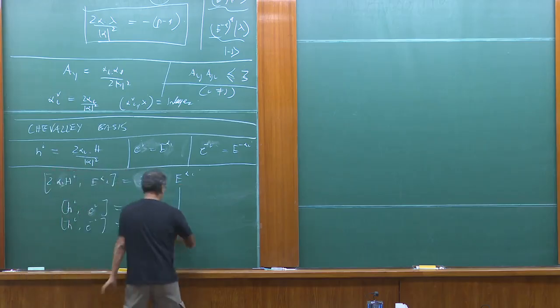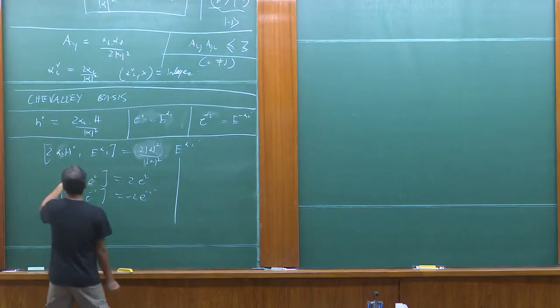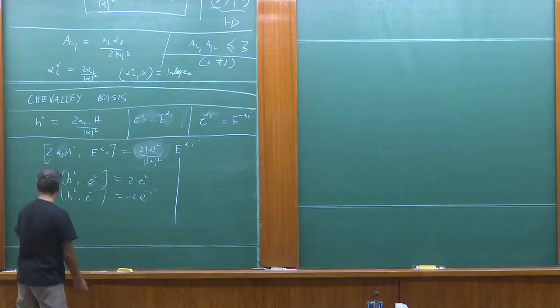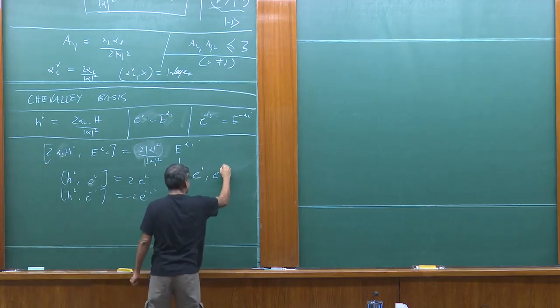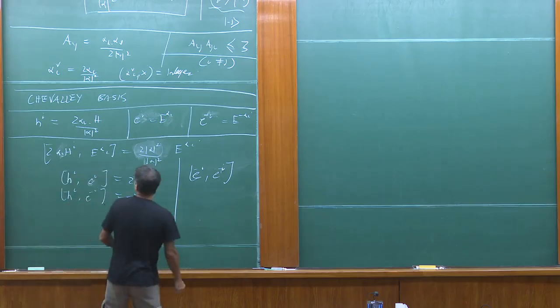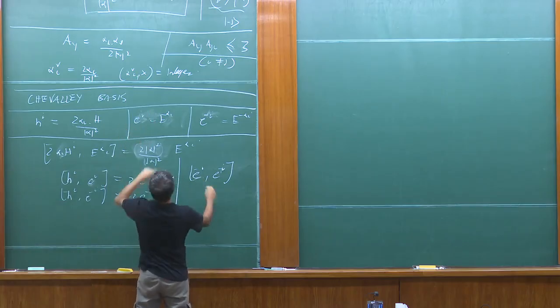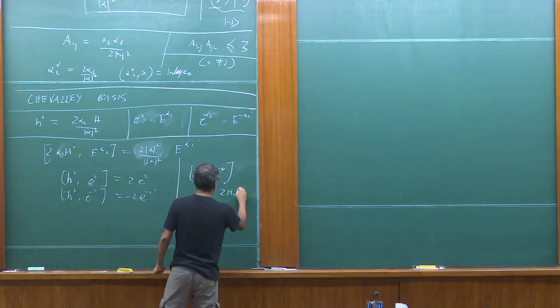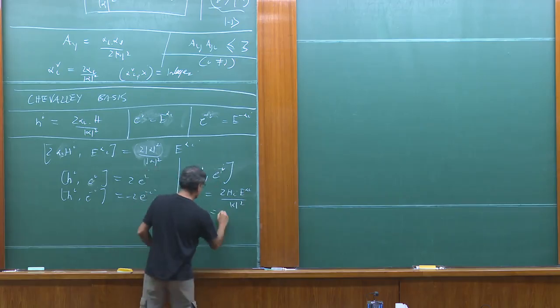The nice thing about this basis is that the Ei Ej relation becomes simple. Suppose we take Ei with E minus i. This thing was just 2 Hi dot H by mod alpha squared, which is equal to Hi.